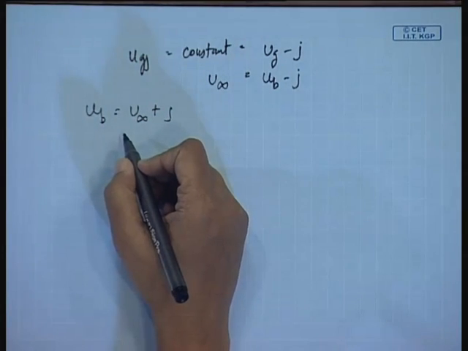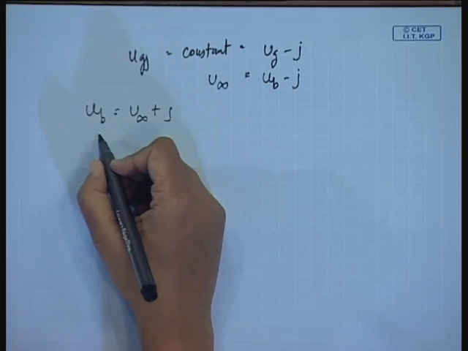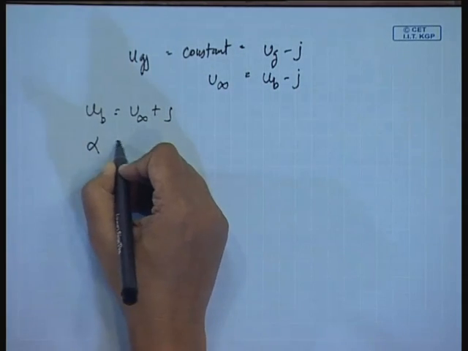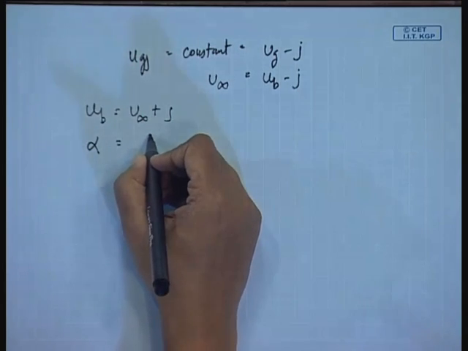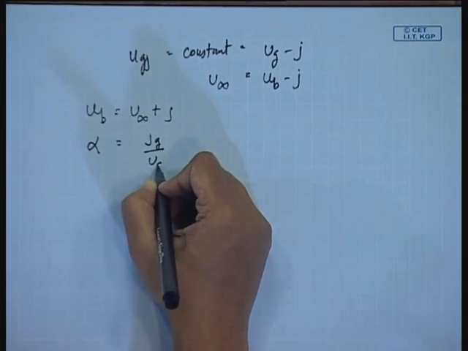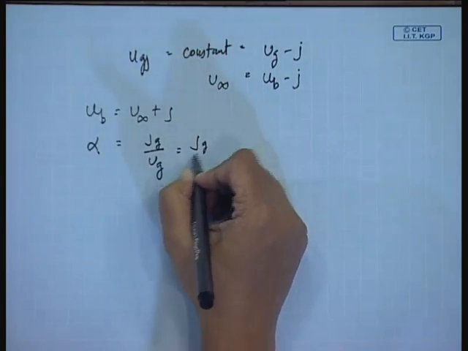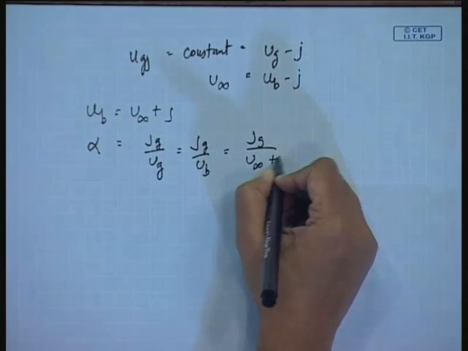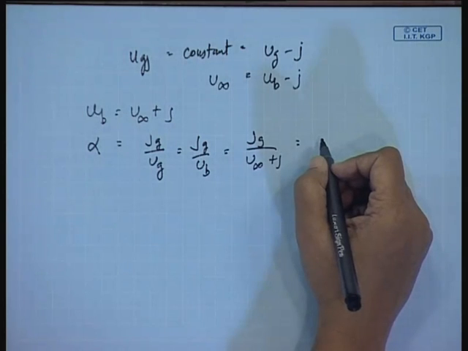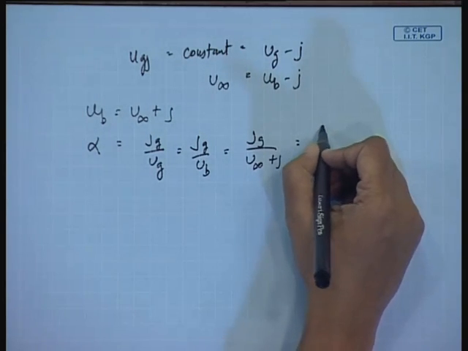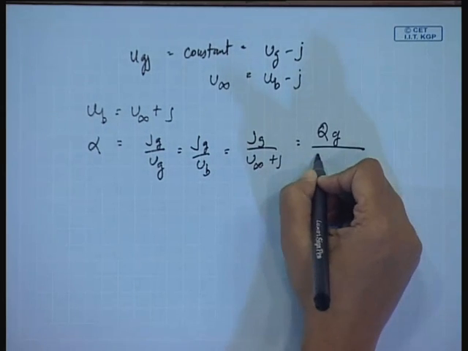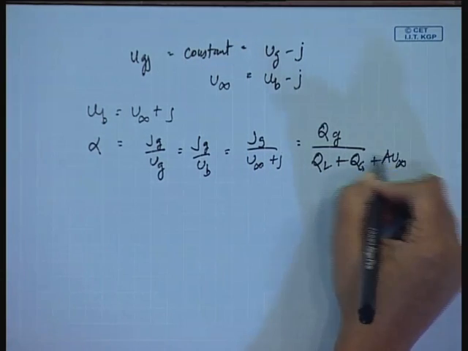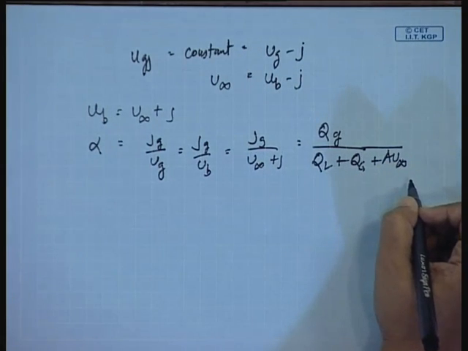So, therefore, this ub was u infinity plus j, and accordingly alpha we could find out as jg by ug, which is again jg by ub, which is nothing but jg by u infinity plus j. In terms of the volumetric flow rates of the individual phases, this gives us qg by ql plus qg plus A u infinity. So, till this much I believe we had done in the last class.